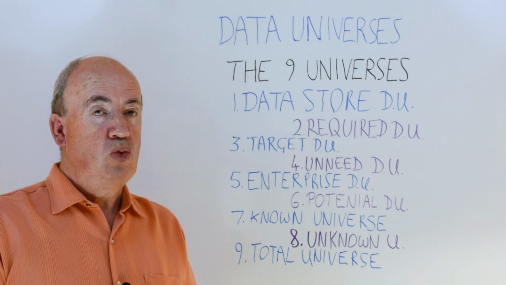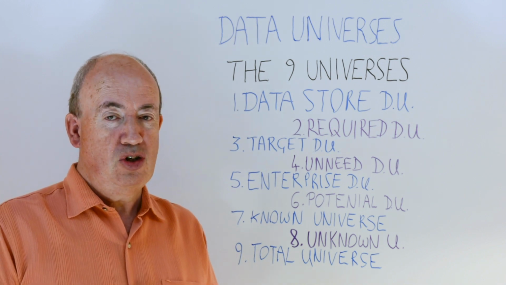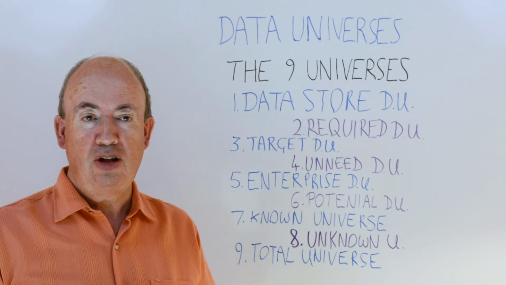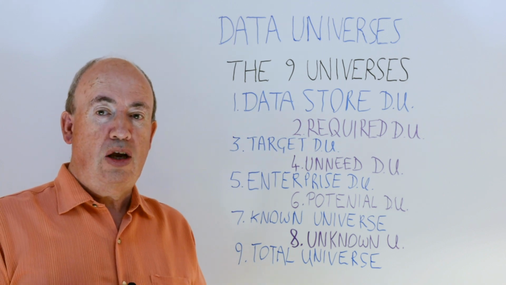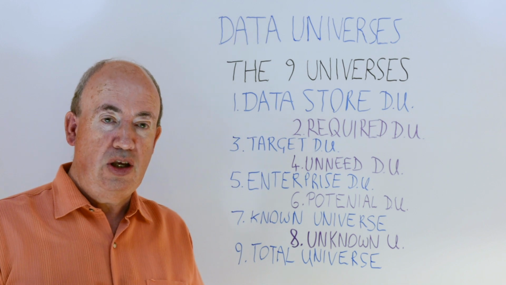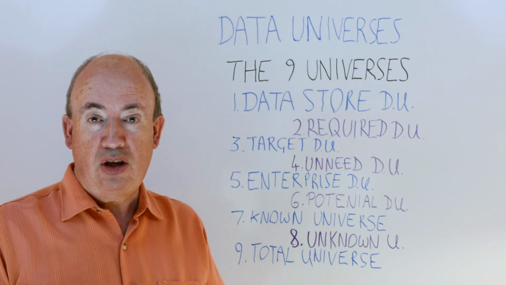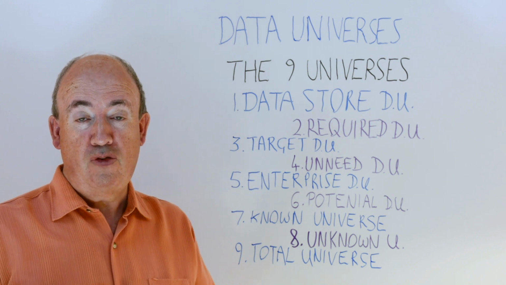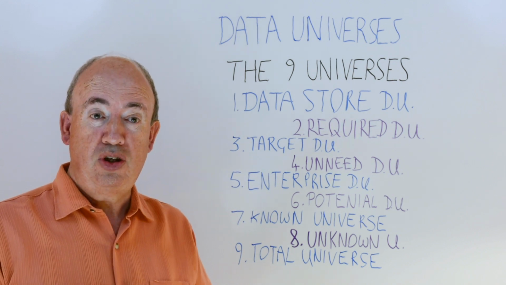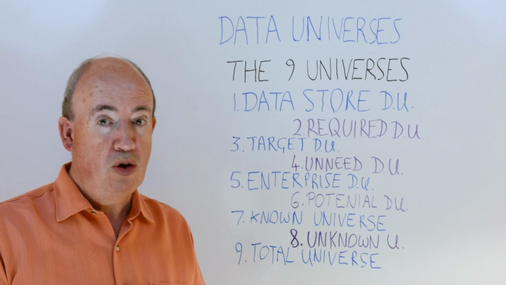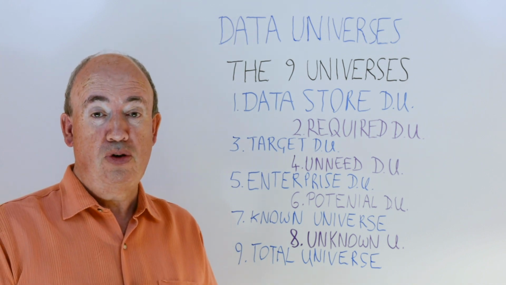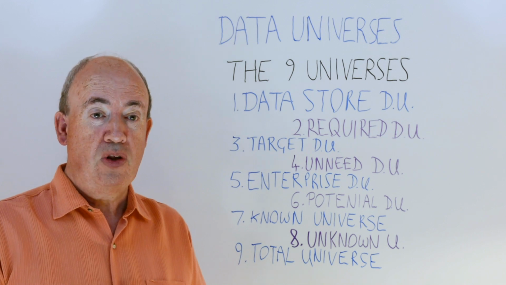Now, we can't really always blame operations for this because they have to accommodate changes in the business which have to be done rather quickly, and they don't really have time to have an IT solution developed to meet this particular need. So that's one thing that operations can do to set scope of a data universe.